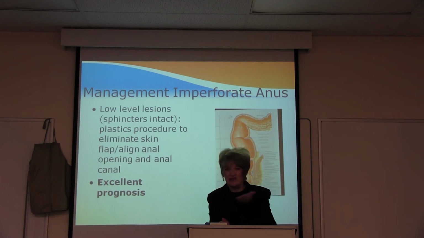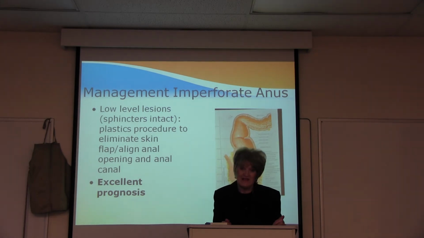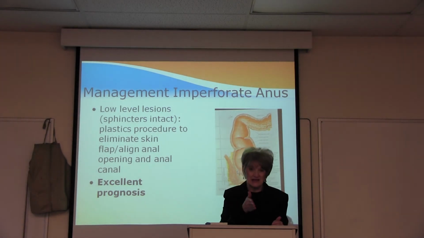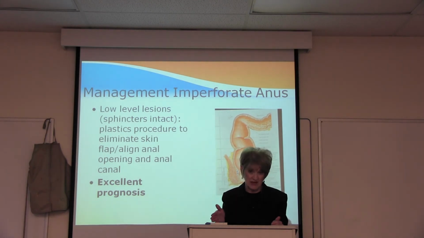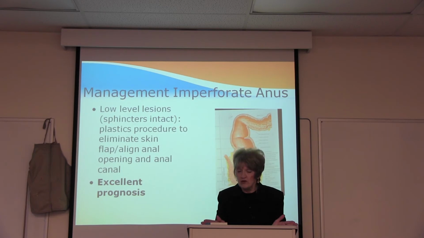If I've got a covering flap of skin, they can just cut it away. And if the anal canal is not lined up correctly, again, they can align the anal canal with a simple plastics procedure, align the anal canal and the anal opening. If the anal canal is stenotic, they can dilate it. The critical thing to realize with low-level lesions is that all the critical structures are there and normal, internal sphincter, external sphincter.